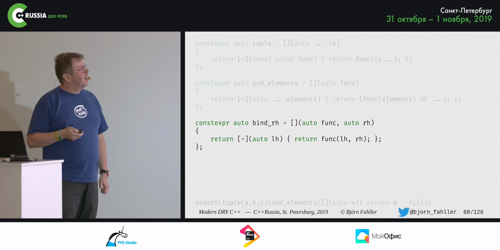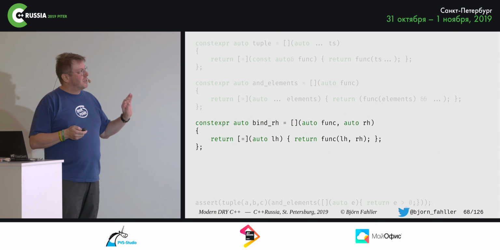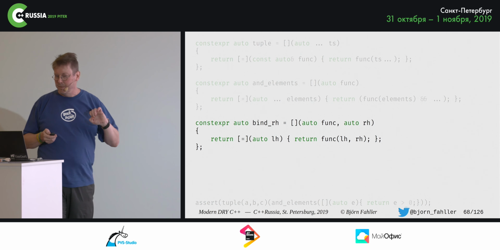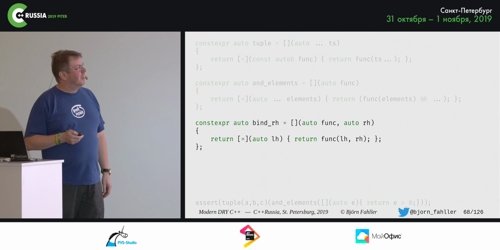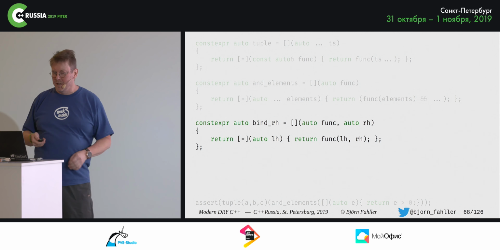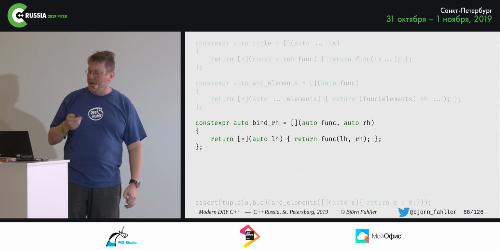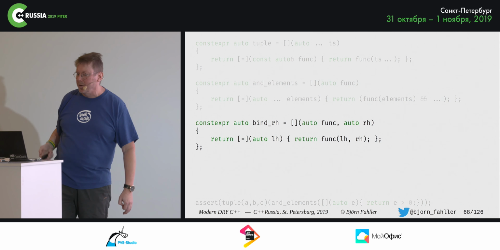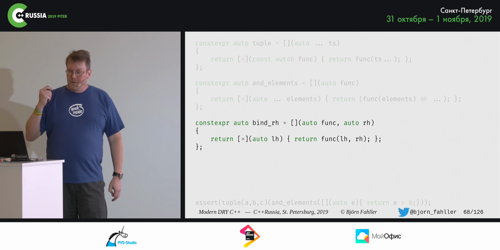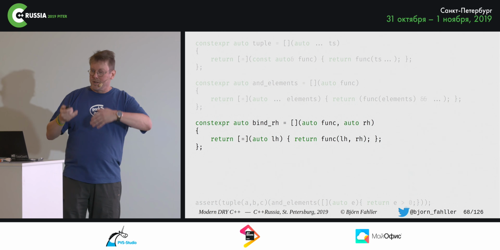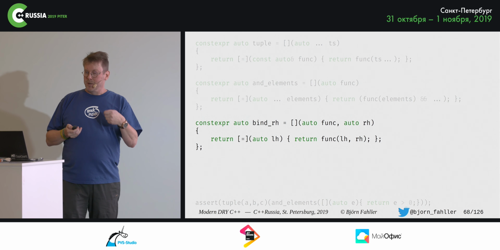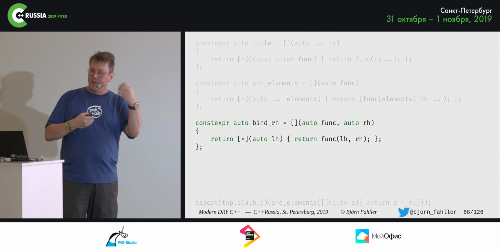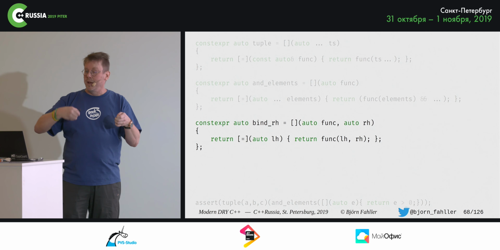And ideally, I would have written a generalized bind back function here, but in the interest of brevity in the presentation, I assume that the function is a binary function and just bind the right-hand argument. So this returns a lambda that is callable with one parameter, and when called, it calls the function with the call parameter and the bound parameter.